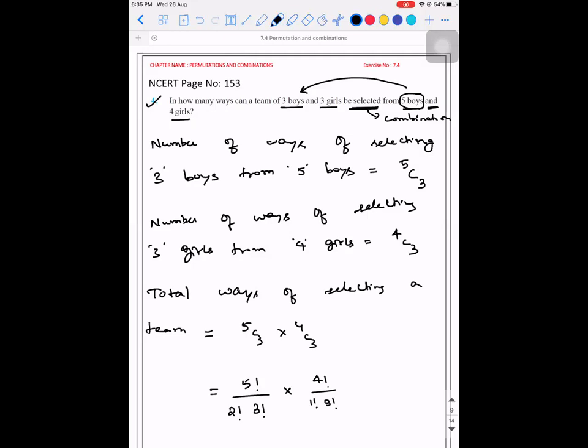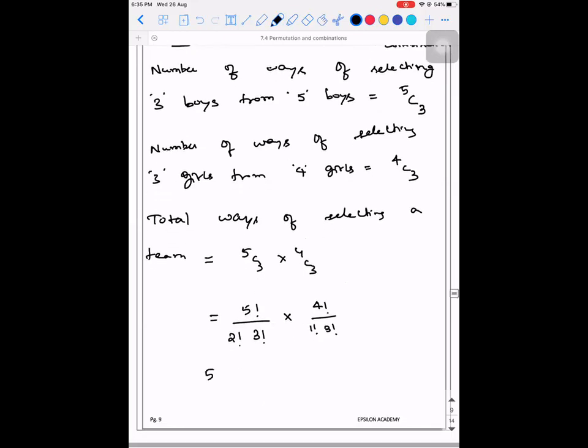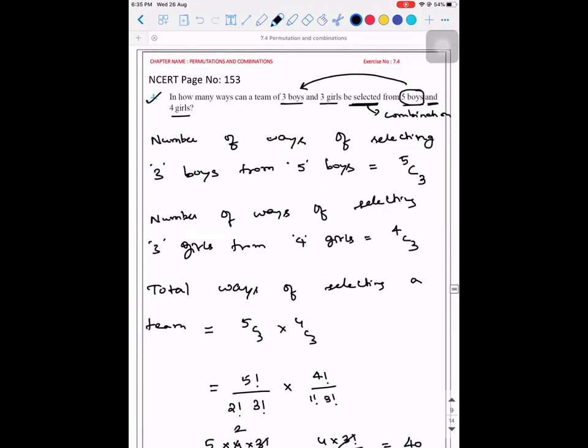So 5 factorial means 5 into 4 into 3 factorial divided by 2 factorial is 2 only, into 3 factorial, into 4 into 3 factorial divided by 3 factorial. So 3 factorial is gone. What is the answer? 5 2s are 10, 10 4s, 40, sir. 40. Yes. You can select 40 such teams where you have 3 boys and 3 girls from the available people.